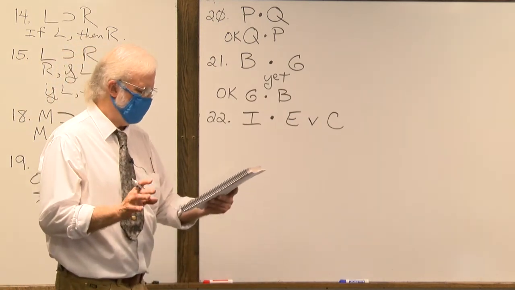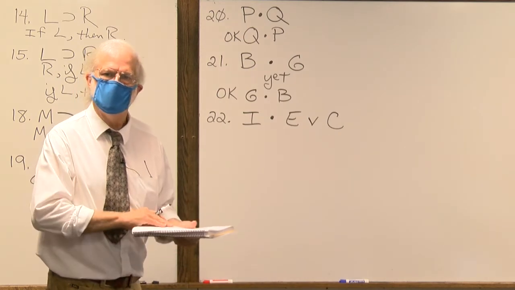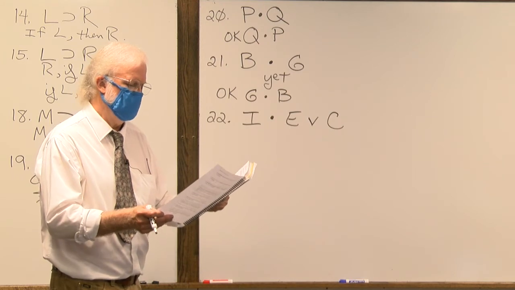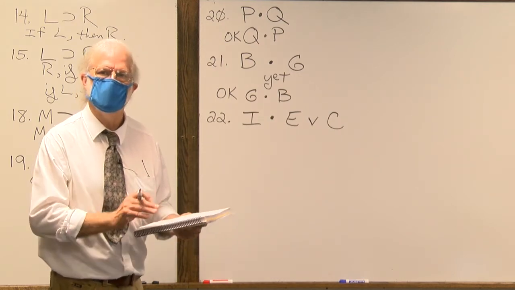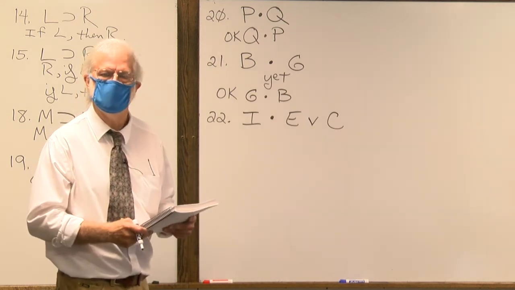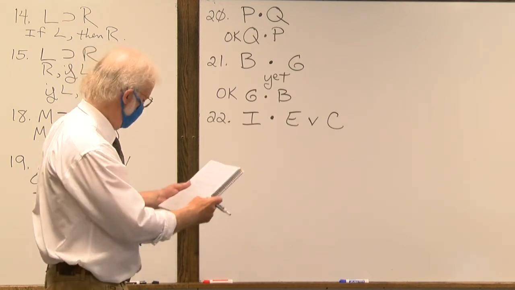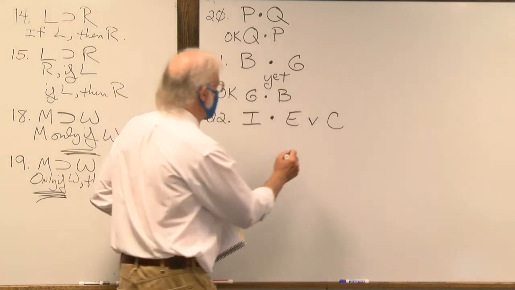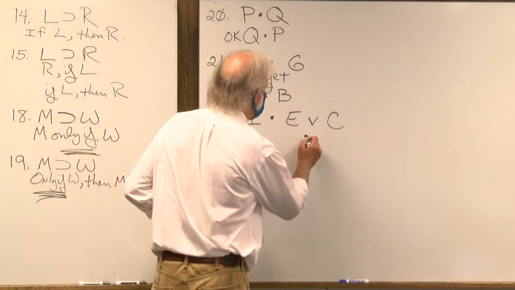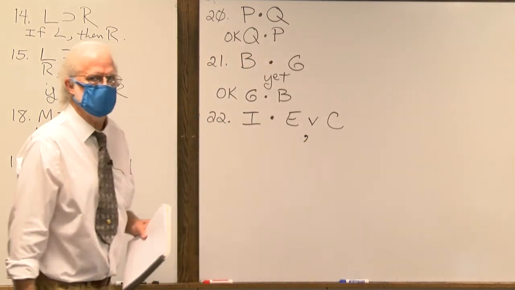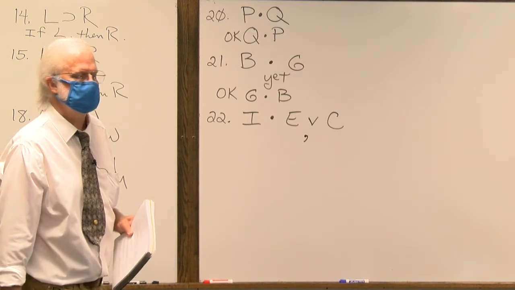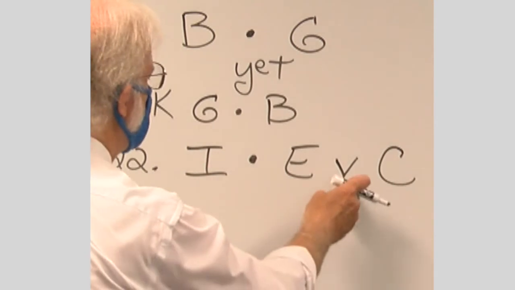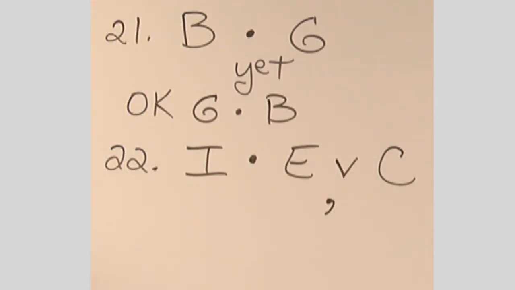Again, this one is going to go back to punctuation. It is punctuation alone that will determine where we put the main connective. That goes back to exercise number 8. If you look at the punctuation here, you see that the comma is occurring right after the E. The comma shows that the expression breaks in half at the wedge.